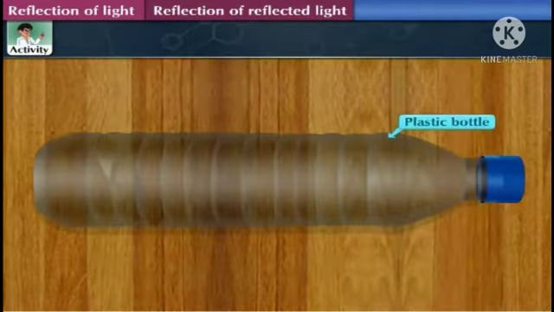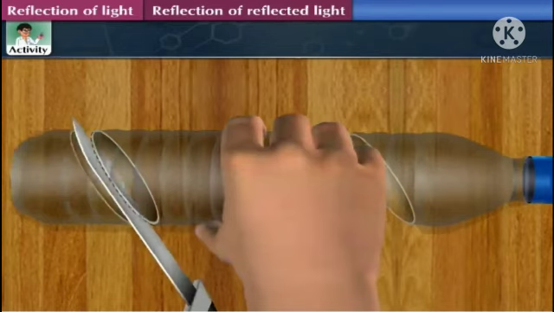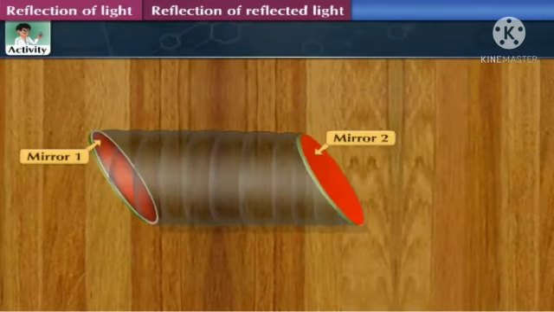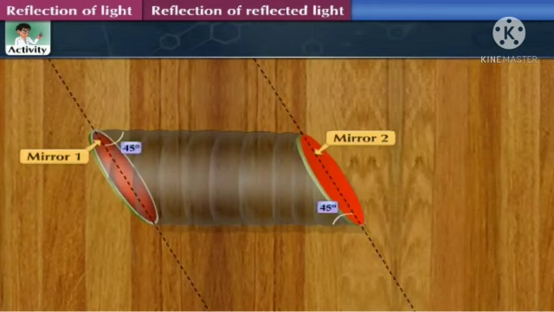Let us see one more example. Take a plastic bottle. Cut this bottle obliquely from the two ends, that is upper end and lower end, and place the two mirrors so that they make an angle of 45 degrees with the side of the bottle.